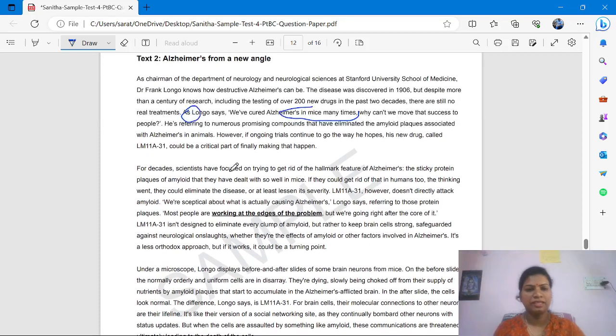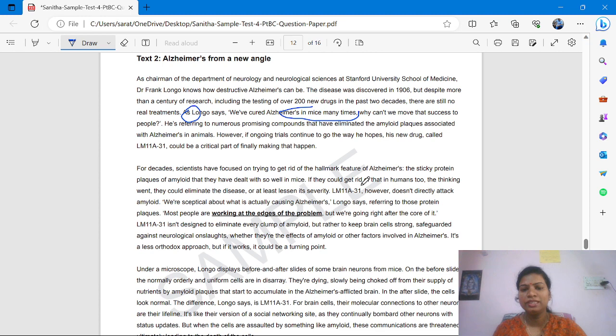Second paragraph. For decades, scientists have focused on trying to get rid of the hallmark features of Alzheimer's. What are the features of Alzheimer's? The sticky protein plaques of amyloid that they have dealt with so well in mice.